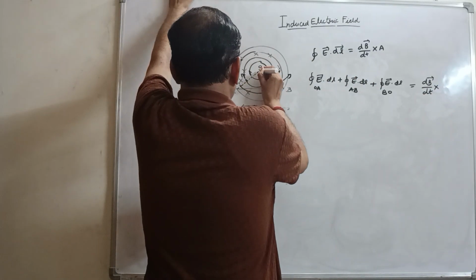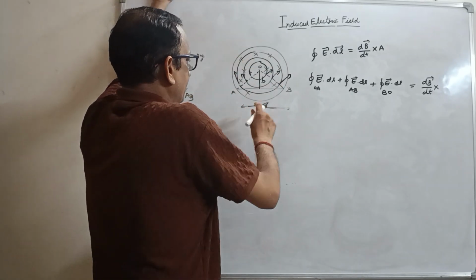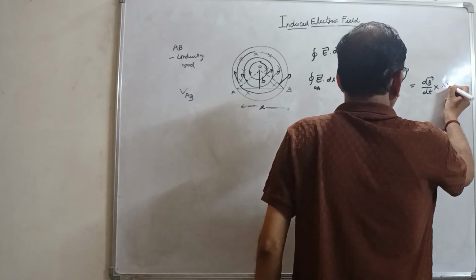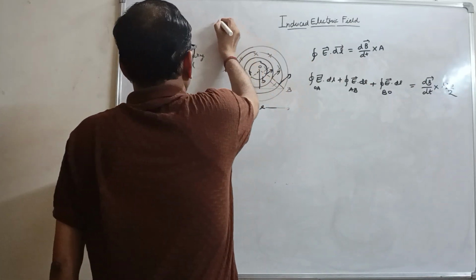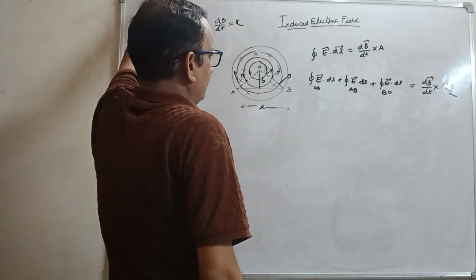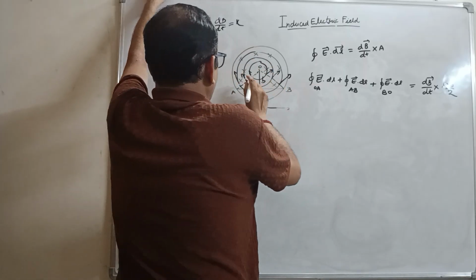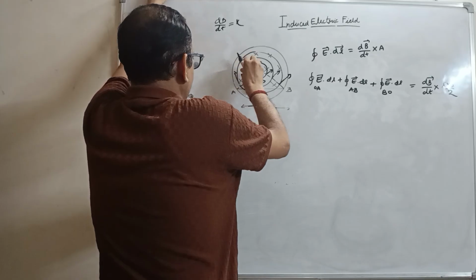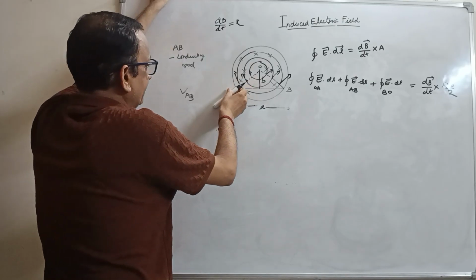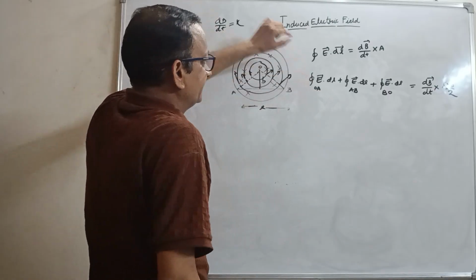The area of the loop: suppose the height is given as B, so the area would be L into B by 2, and the rate of change of the magnetic field is given as K. The electric field E vector is perpendicular to the length vector for every element here, so the angle between E and dl is 90 degrees, and cos 90 is 0.